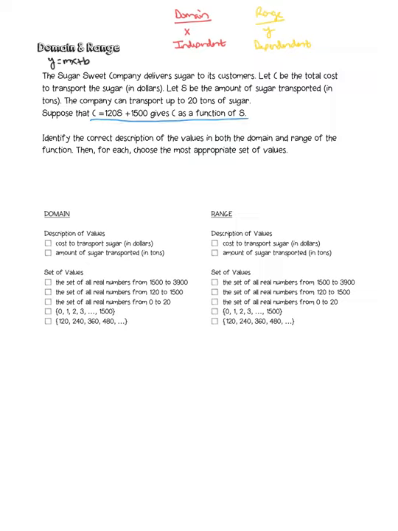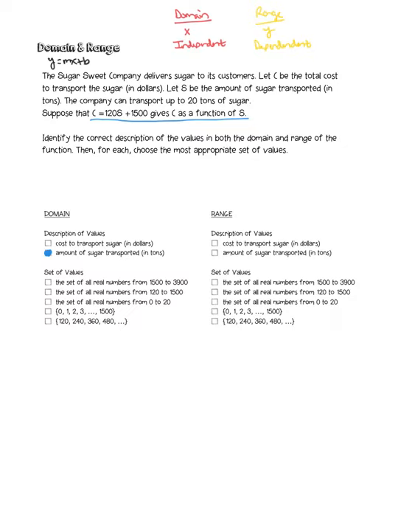That means S determines C. Now we're going to identify the correct description of the values in domain and range, and then choose the set. So let's talk about that. Domain is the cost to transport sugar or the amount of sugar transported? That is the amount of sugar transported, because that helps determine the cost.